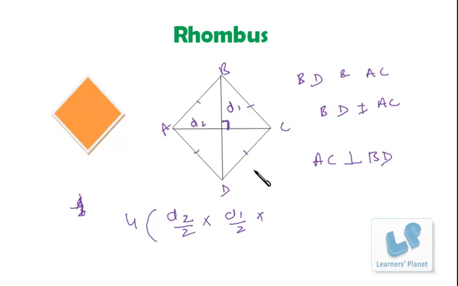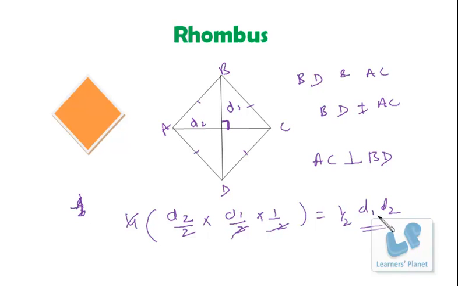So area of the triangle is half base into altitude. So this is the base, this is altitude, and this is half. So it's half d1 d2, that is the area of the rhombus.